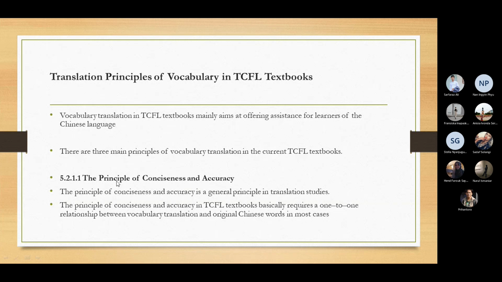This is a general principle in translation studies, and it requires a one-to-one relationship between the vocabulary translation and the original Chinese words in most cases. So the ultimate purpose is here.